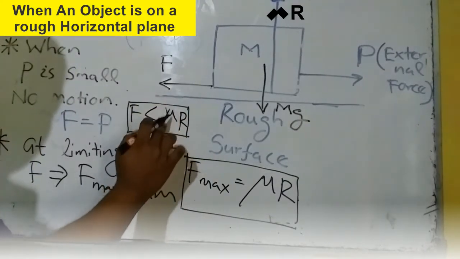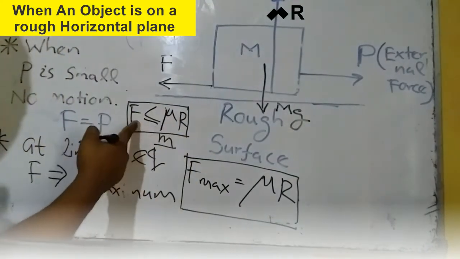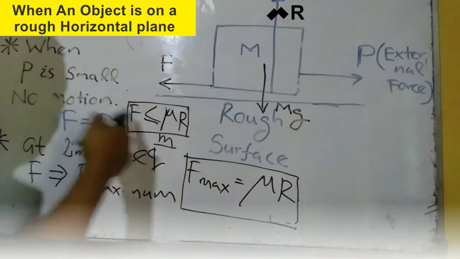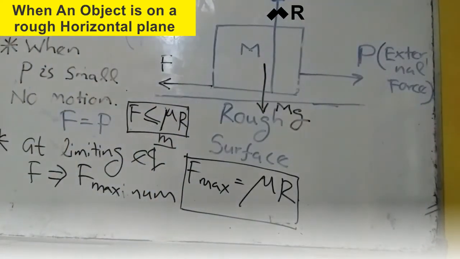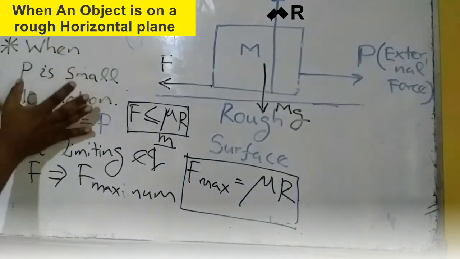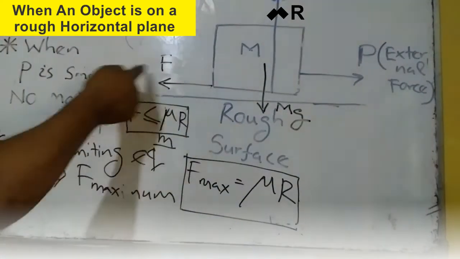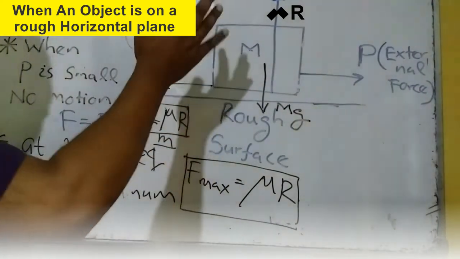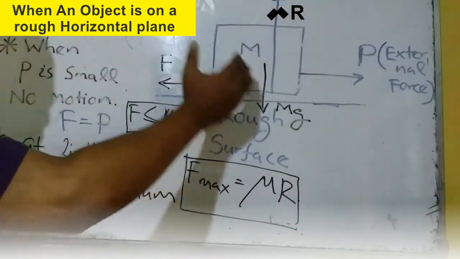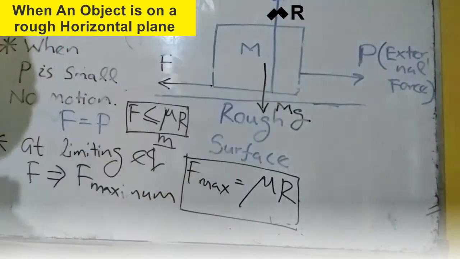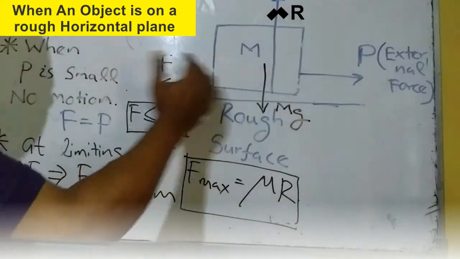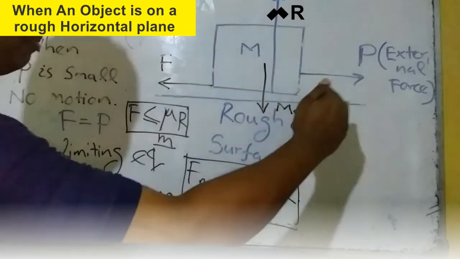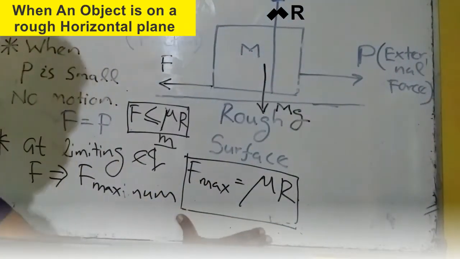Now here this is what you can use. F is less than or equal to mu R. If there's a question about equilibrium on a rough plane, this is the inequality you can use. If the question is mentioning limiting equilibrium, or a moving object on a rough plane, you can use this.